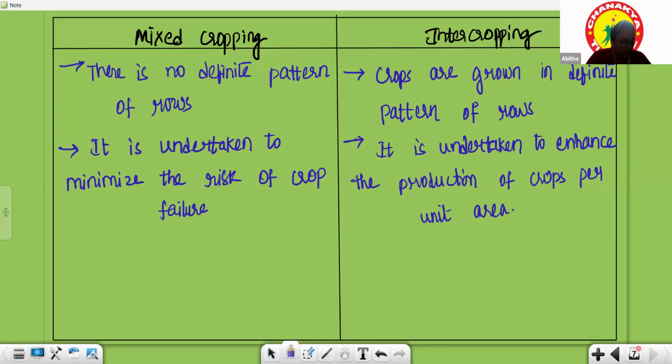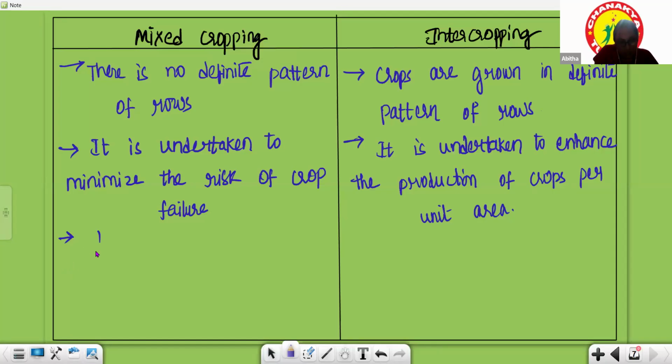Next, the seeds. In mixed cropping, there is no definite pattern, so you can sow the seeds as per your requirement. There is no separation of seeds. You can directly sow them. But in intercropping, as you follow a definite pattern of rows, you have to separate the seeds. You have to follow a particular order while sowing the seeds.